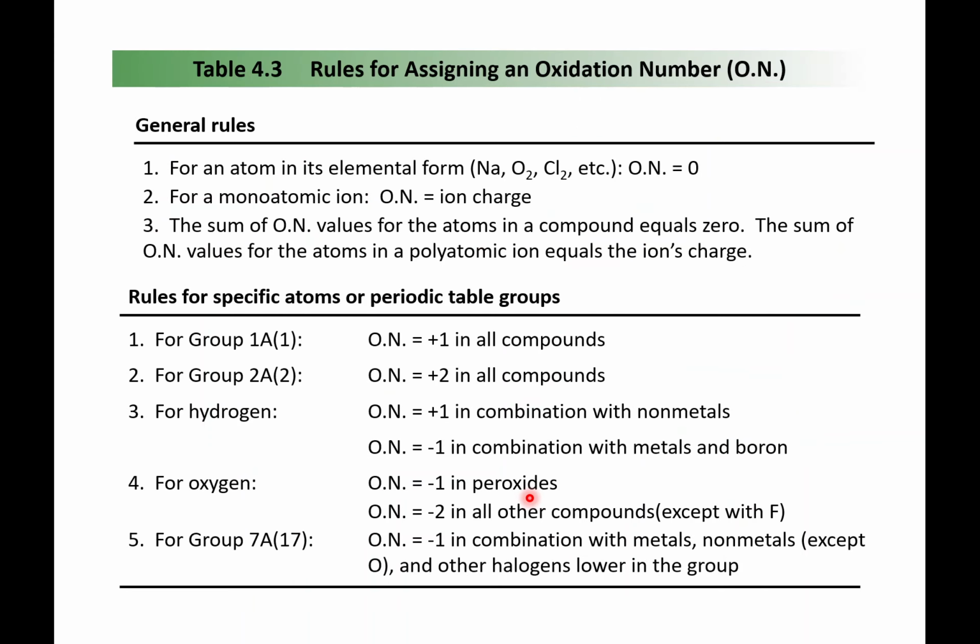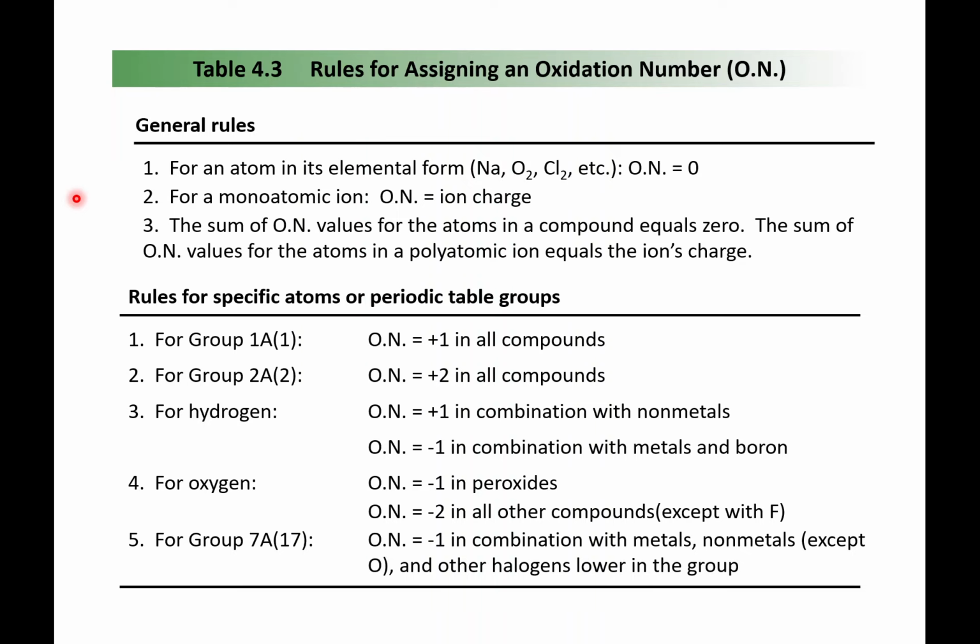Okay. So the rules for assigning oxidation numbers are given. I believe this is from a different text, but I like this table for detailing how you assign oxidation numbers. And that's really how you're going to be able to tell whether a reaction is a redox reaction or not: looking at the oxidation numbers.